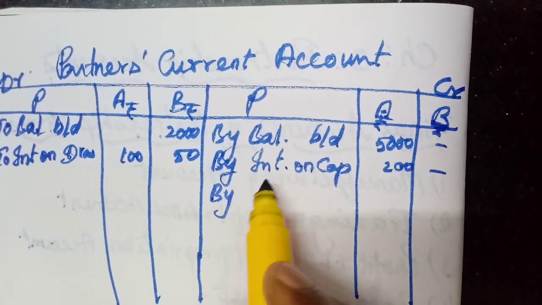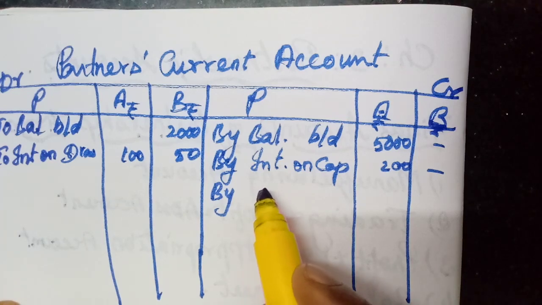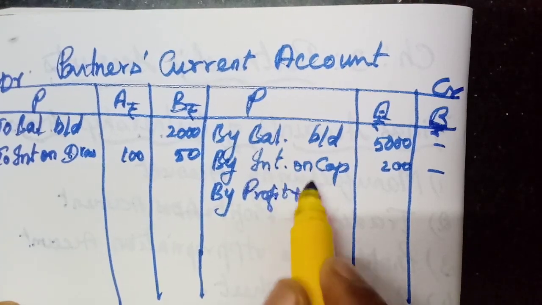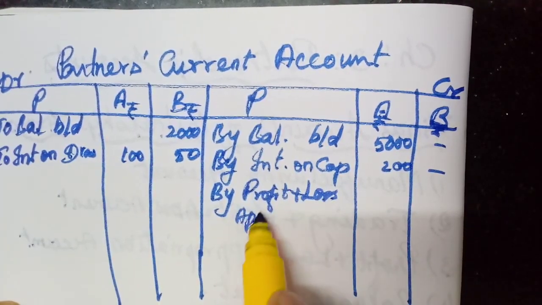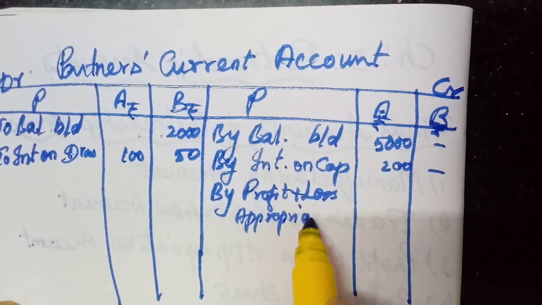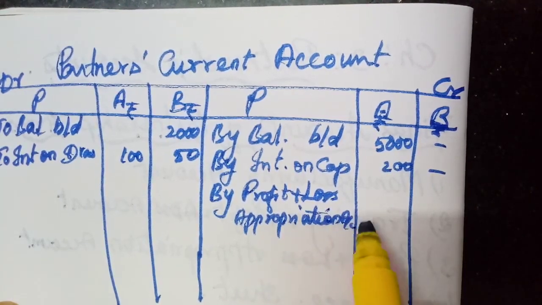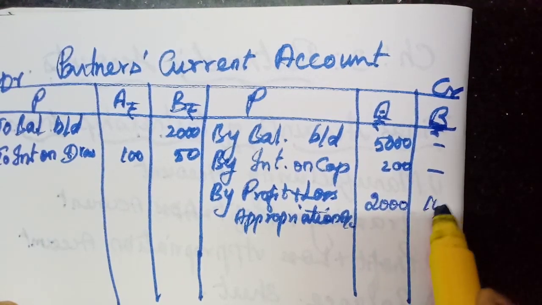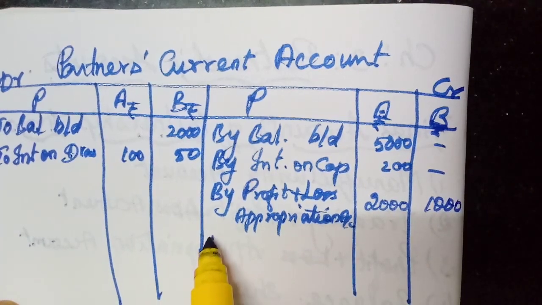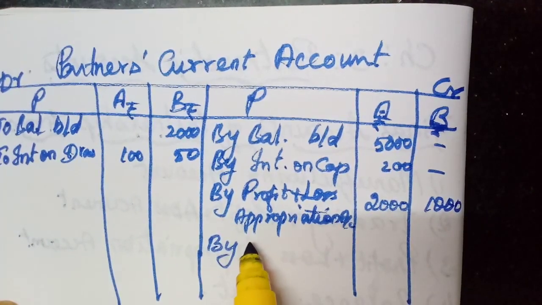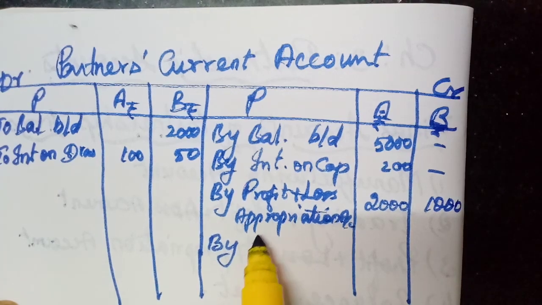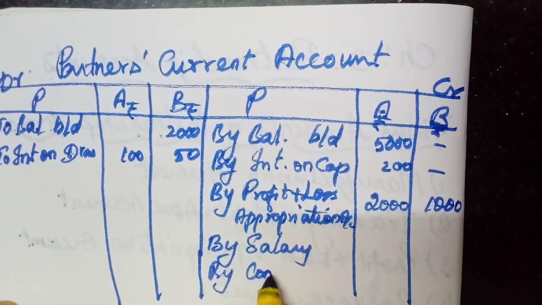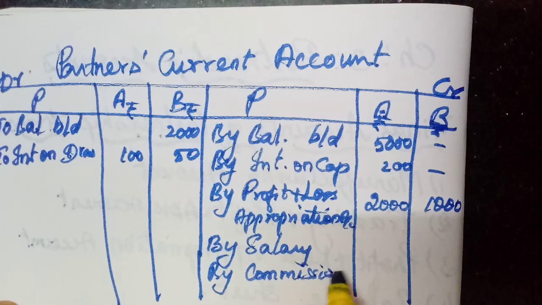Then by share of profit, any share on the net profit, that we write by profit and loss appropriation account. The profit is, for example, 2,000 and 1,000. Then any salary paid to any partner by salary, or commission by commission for any partner.